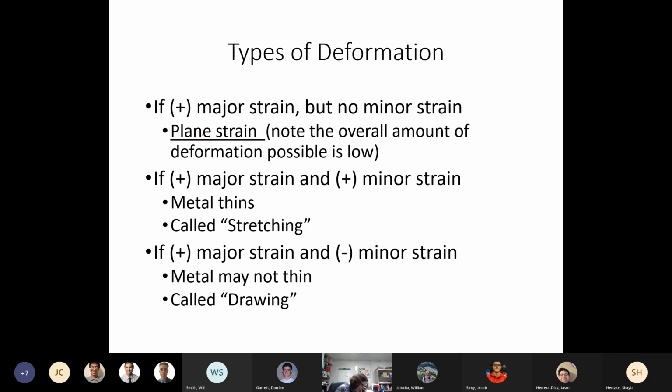So for plane strain, we see that we have the circle, and then after deformation, and I'm exaggerating all of this, we only have positive major strain, and there's 0 on the minor strain. And so this can be a challenging kind of deformation, and we refer to that as plane strain.